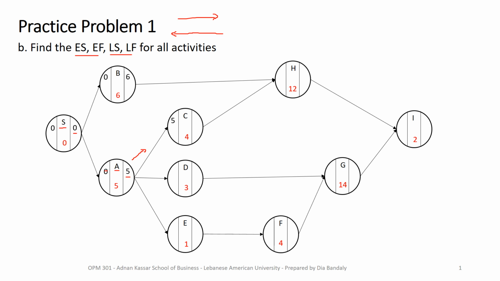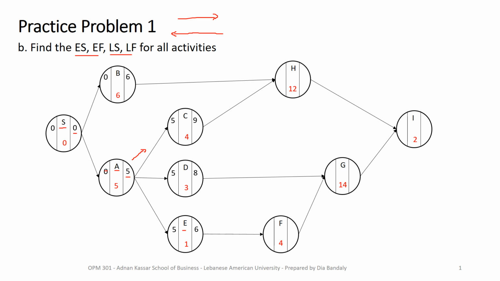So this will be the early start of activity C, and it will have an EF equal to 9, right? 5 plus 4 is 9. The same for D, it will have the same early start as C, because it has the same predecessor A. So 5 plus 3, 8. Then for activity E, I will have 5 plus 1, 6.